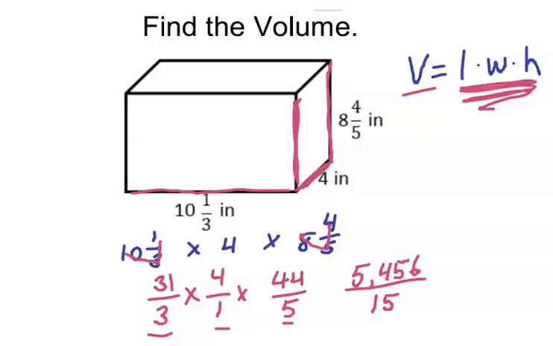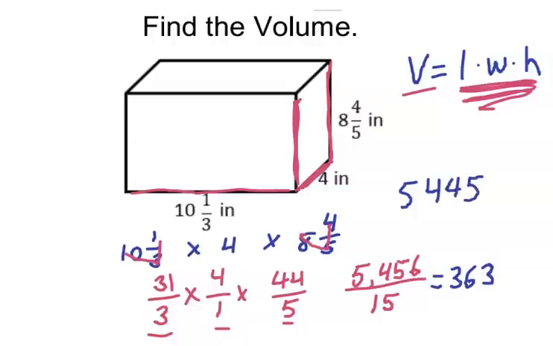5,456 divided by 15 equals 363. So it's going to go into it 363 times, but there is some left over, all right? So if we take 363 times 15, that gives us 5,445.